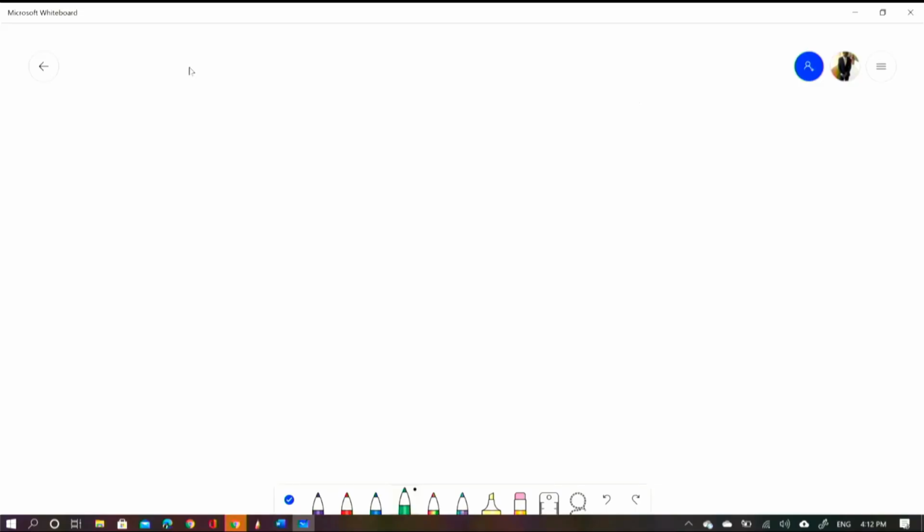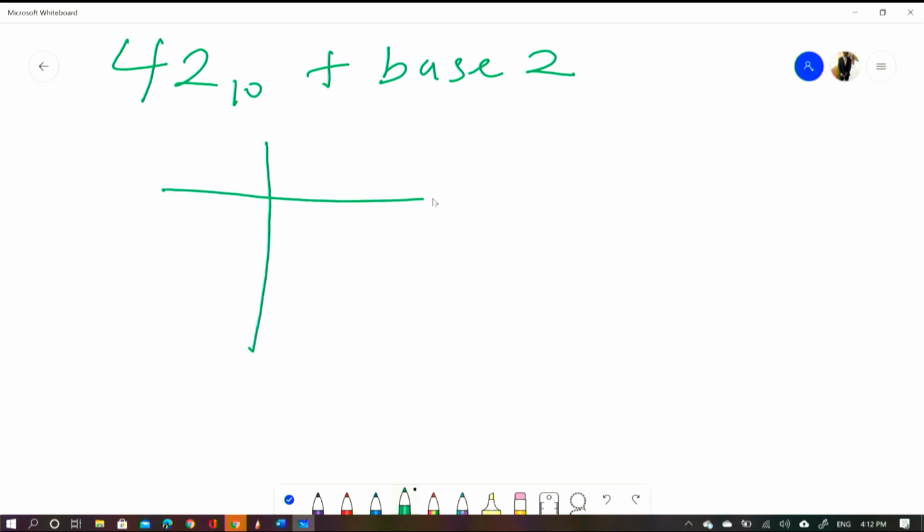Now convert 42 in base 10 to base 2, which is binary. Now we'll do a repeated division of the number by 2, which is the base number.